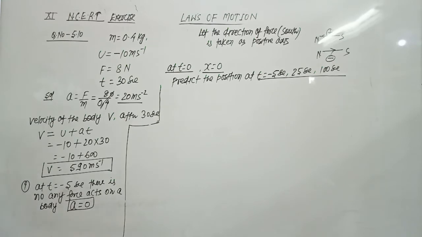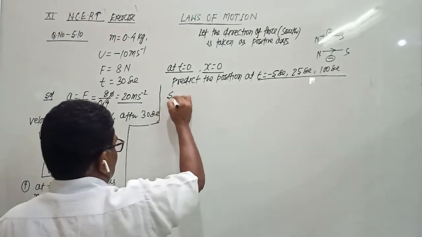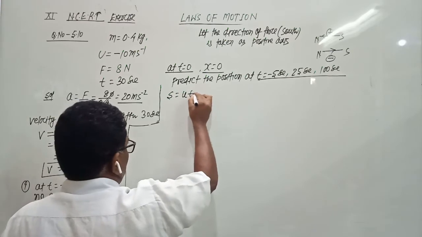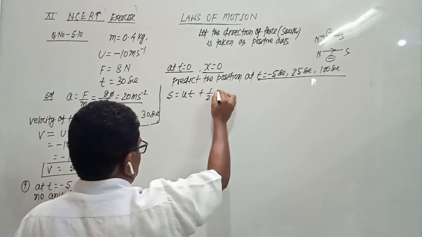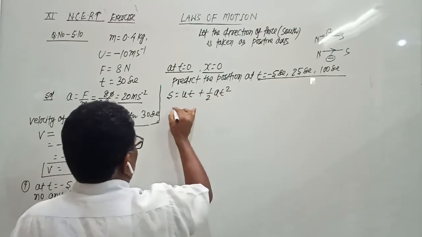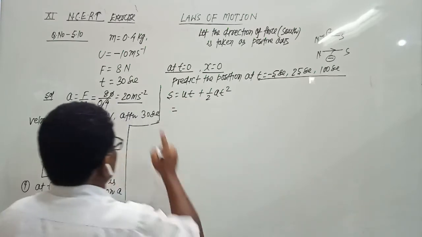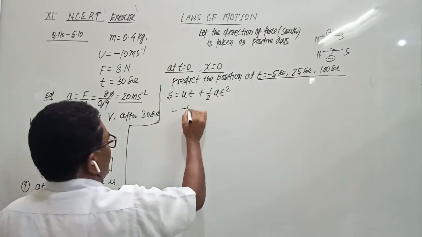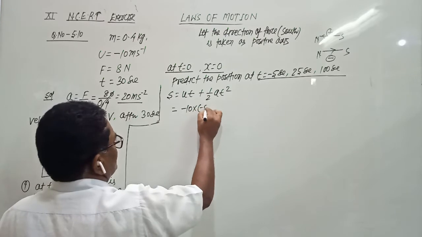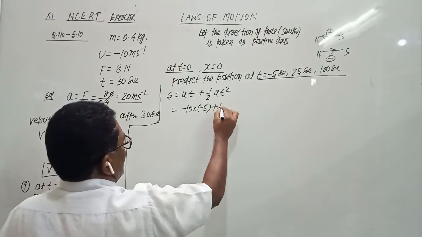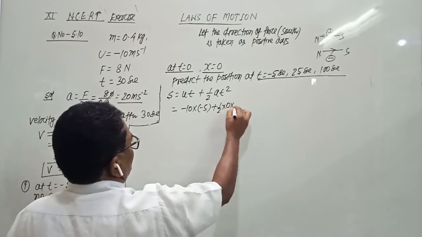A equals 0. Now we have to find the position, so we use the formula S equals ut plus half at square. U is the initial velocity, which is given as -10, time is -5, and half acceleration is 0.